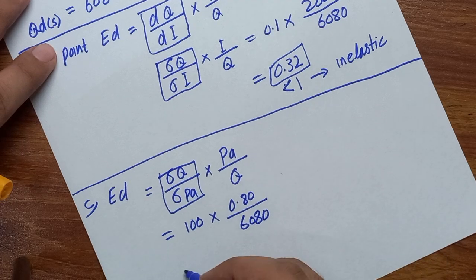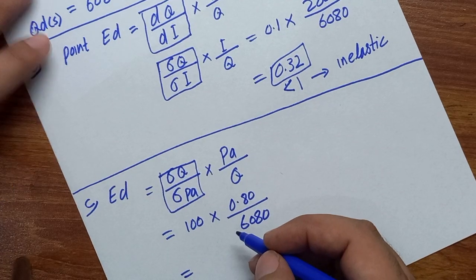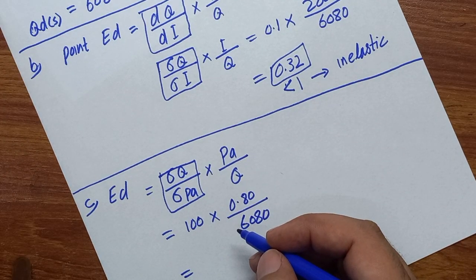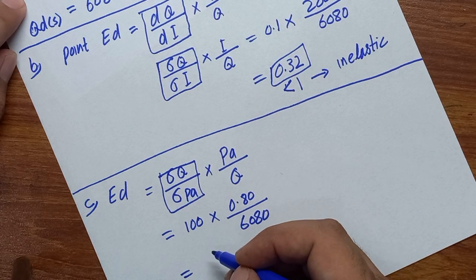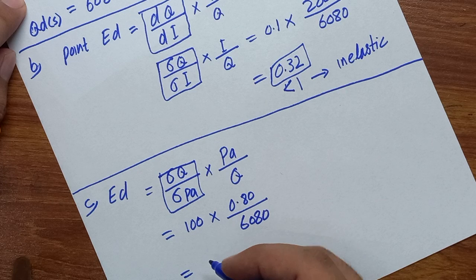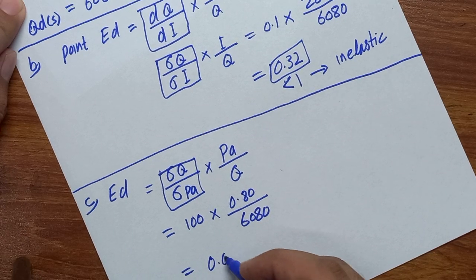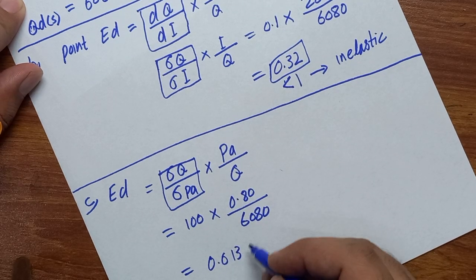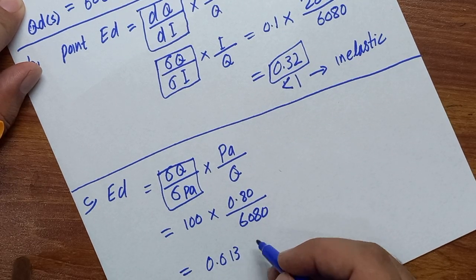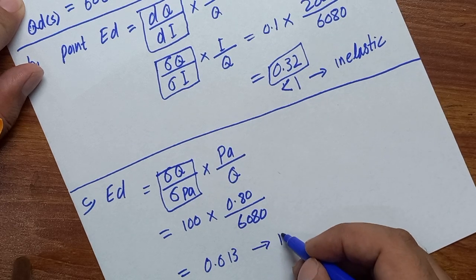When we multiply and divide, how much is the value? The value is 0.013. So it is also less than 1, so it is also inelastic.